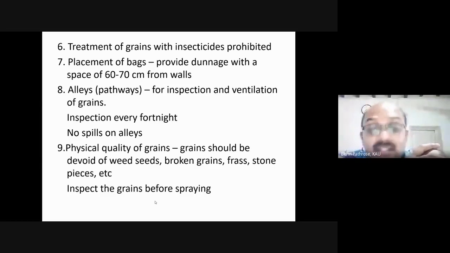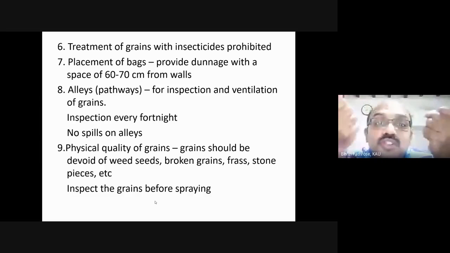Another important thing to avoid is any spillage on the alleyway or pathway, because spilled grain is one typical source of insect infestation. The usual problem occurs with the use of hooks by laborers.